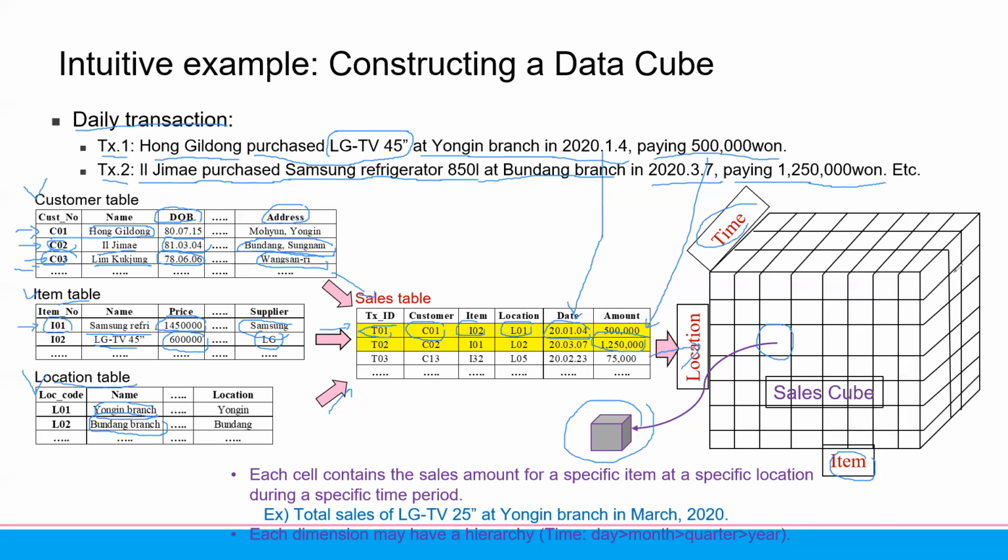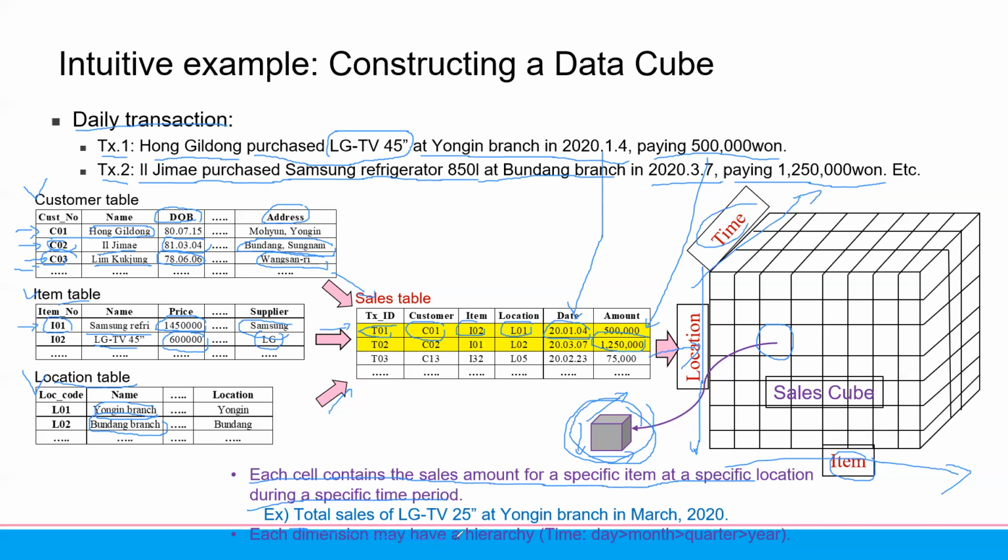Because we have 3 dimensions. This is the time, then this is the location, and then this is the item. So this cube represents what the item is, where the location is, and what the time is. Each cell contains the sales amount of a specific item at a specific location during a specific time.